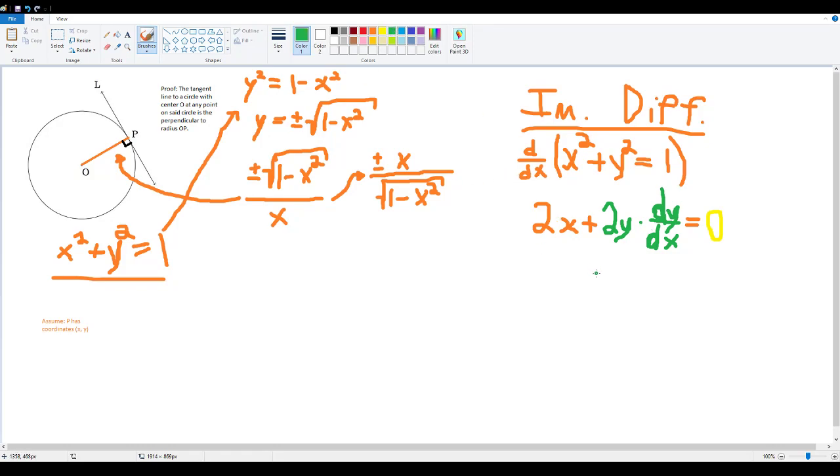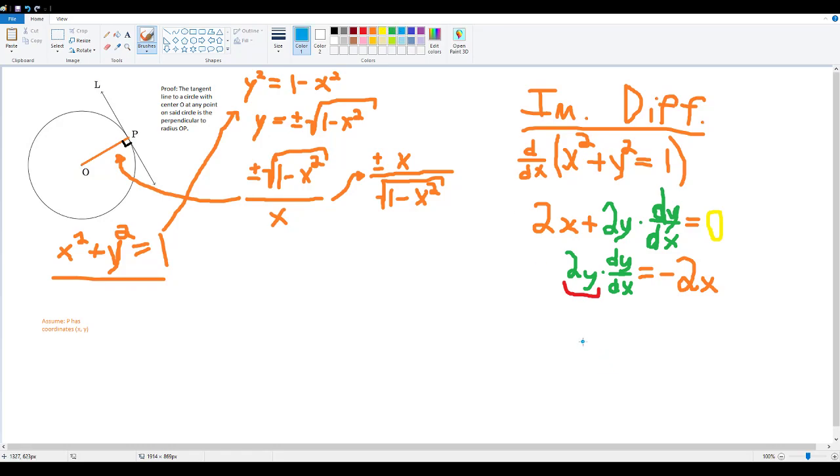And that means that now all we have to do is subtract over the 2x, so let's write this out first. 2y dy over dx equals negative 2x. Okay, and now all we need to do is divide by this. So we're going to divide by this in order to isolate our dy dx.